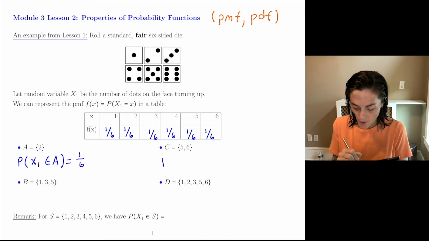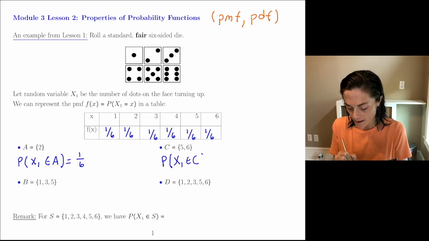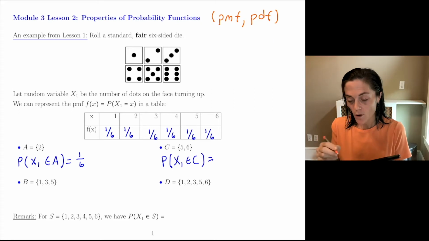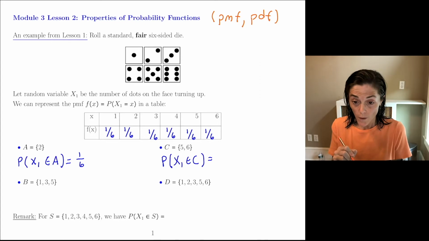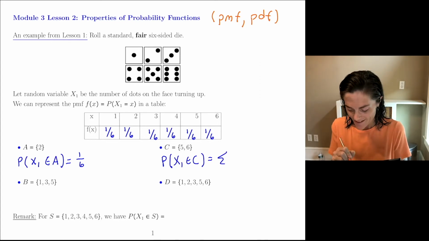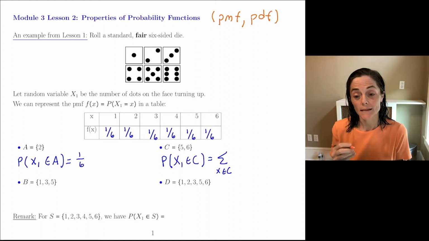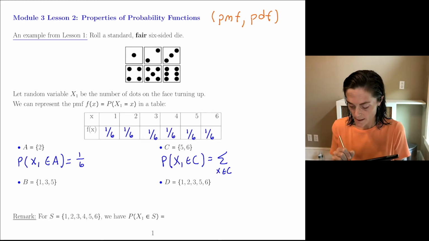Let's do this one, the probability that x1 is in the set C. Here, I'm going to introduce this notation, which we'll build on in the next example. What we do is we add over all little x in C of f of x.